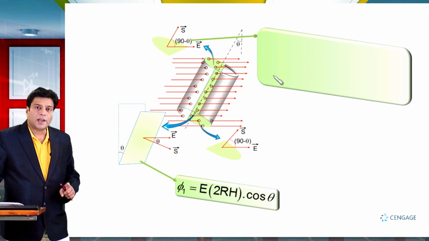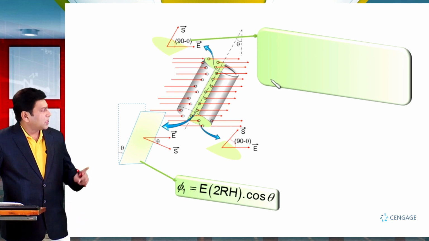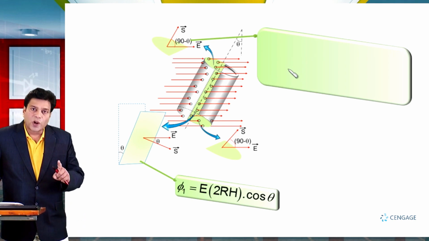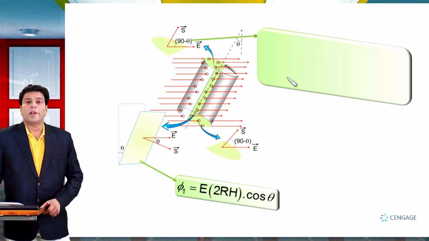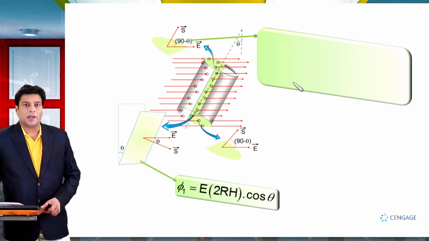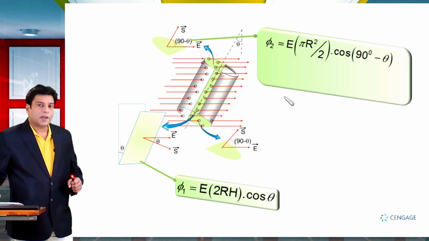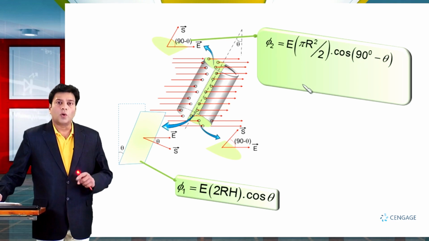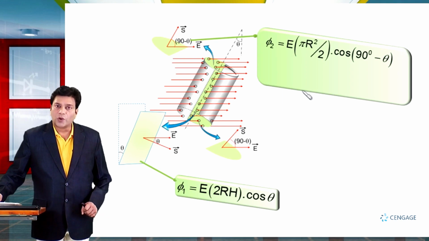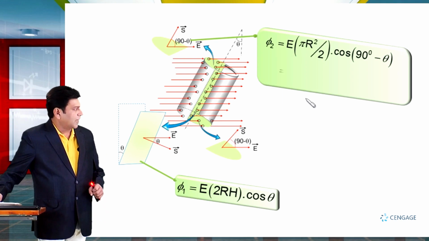So, here we can write phi 2 equals E multiplied by pi r square divided by 2 multiplied by cos(90 minus theta), and you know cos(90 minus theta) equals sin theta. So, this is equal to E multiplied by pi r square divided by 2 multiplied by sin theta.